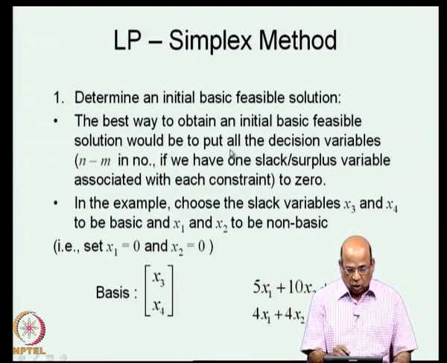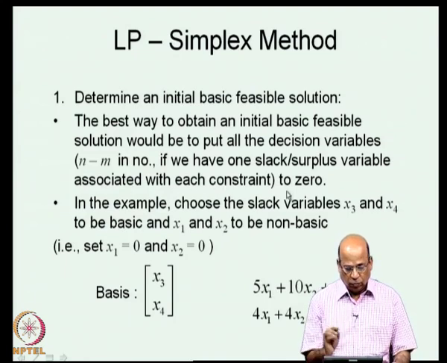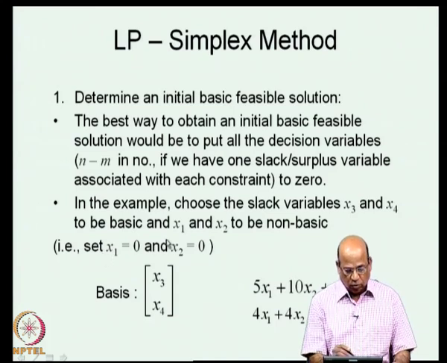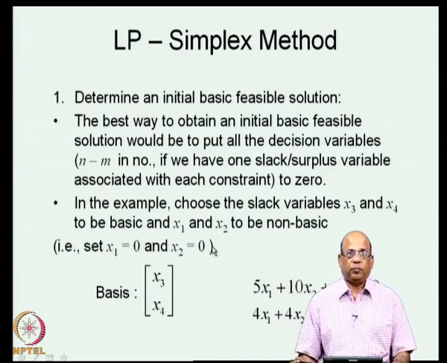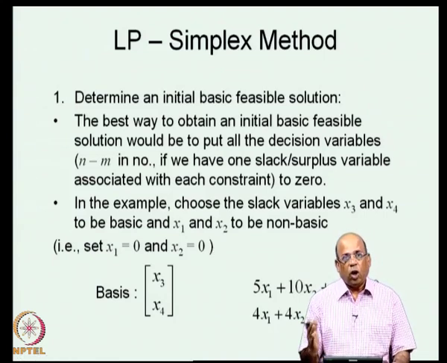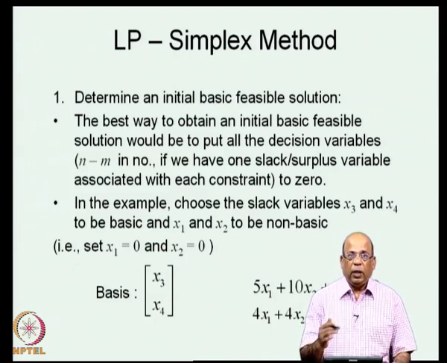So, you are setting all the original decision variables, n minus m variables, to 0. In this example, we set x1 equal to 0 and x2 equal to 0. These variables which have been set to 0 will be non-basic variables, and we obtain the basic variables as x3 and x4.